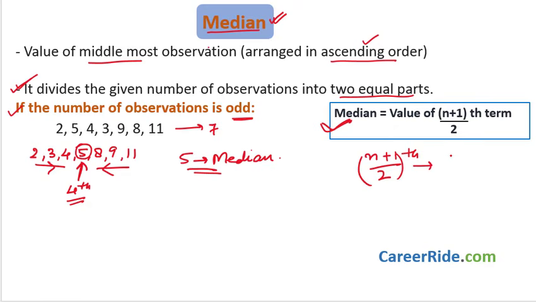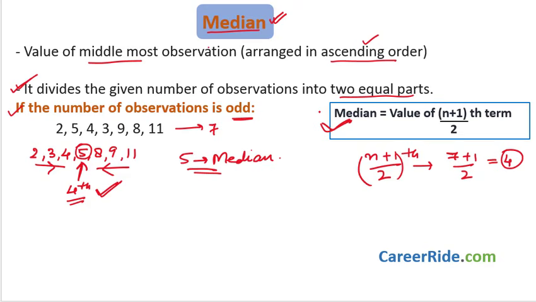So in our case, n was equal to 7. So 7 plus 1 by 2 gives us 4. So the fourth position is the position of the median, and the value at the fourth position is 5. So the value of the median here is 5, right?